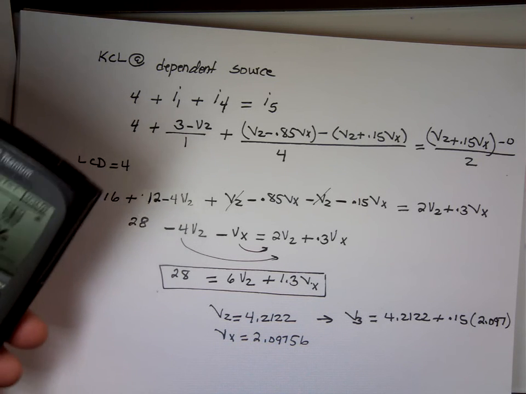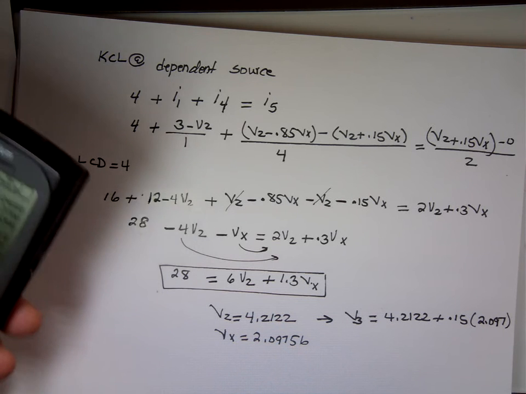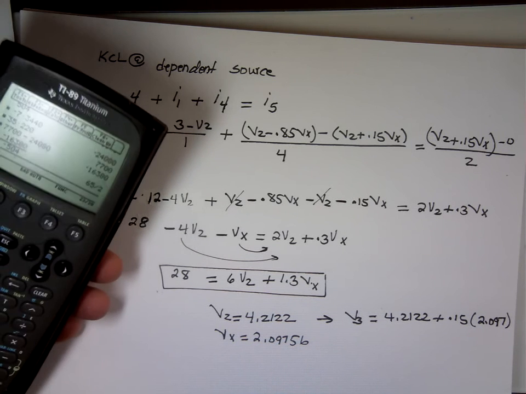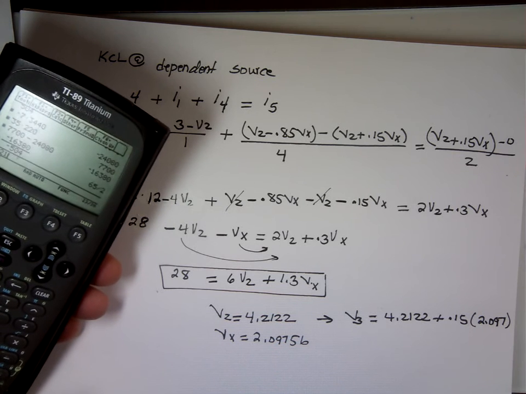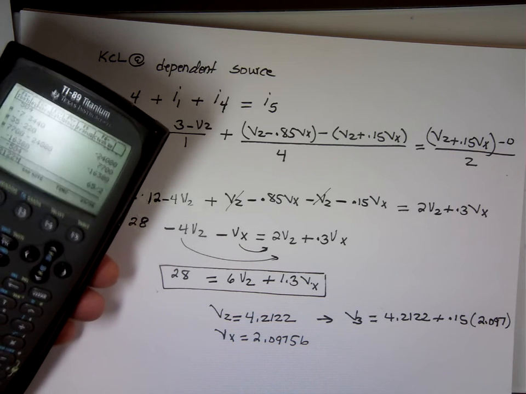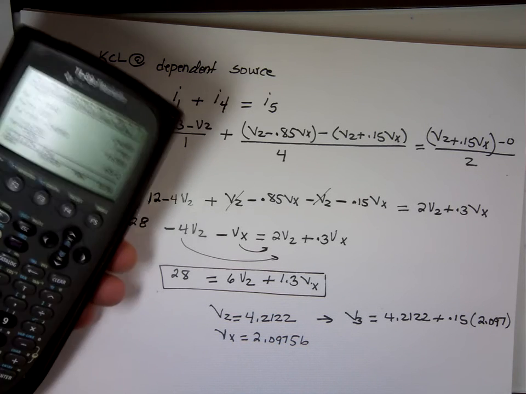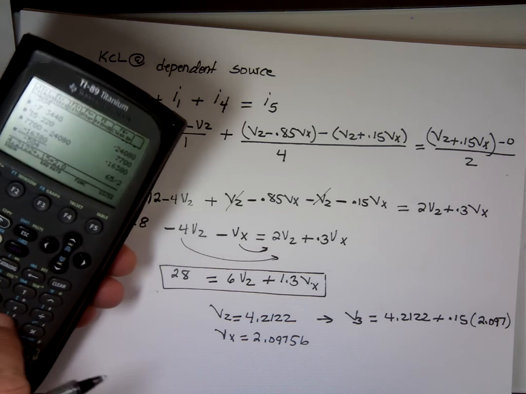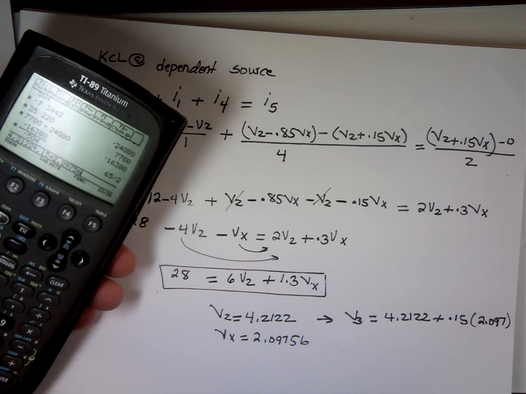Okay. So it's 4.2122 plus 0.15 times Vx, which is 2.09756. 4.52.